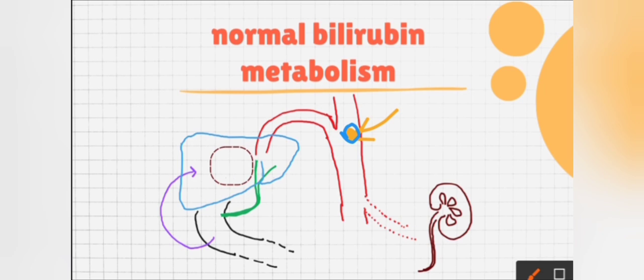So now this protein and unconjugated bilirubin complex moves towards the liver, and the further steps occur in the liver. The complex of albumin and unconjugated bilirubin moves inside the liver, and in the hepatocyte there is an enzyme called UGT, glucuronyl transferase enzyme.